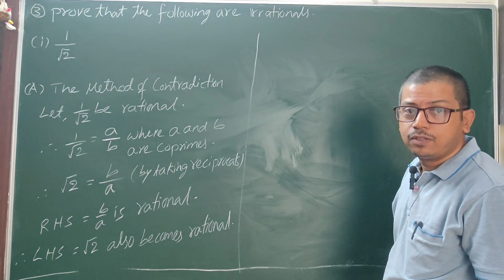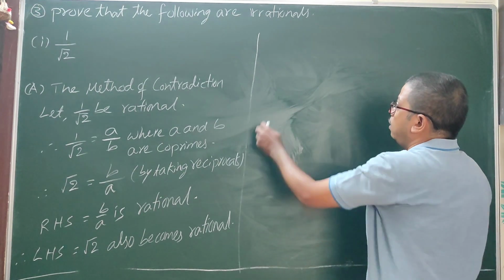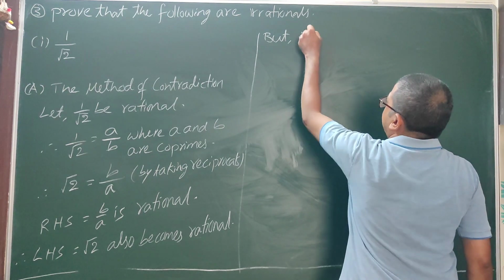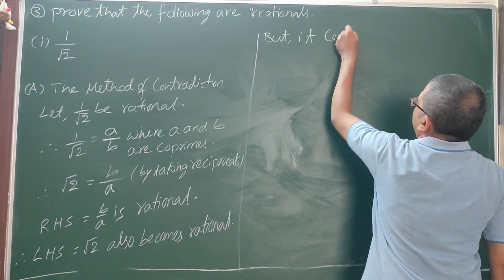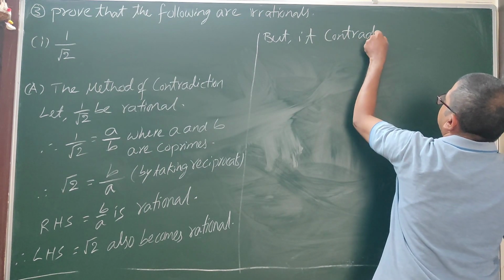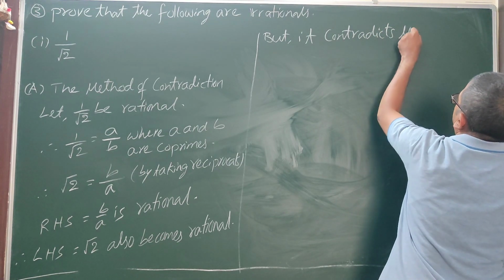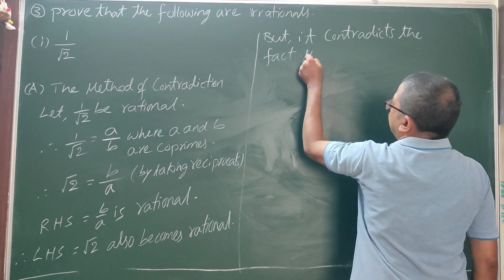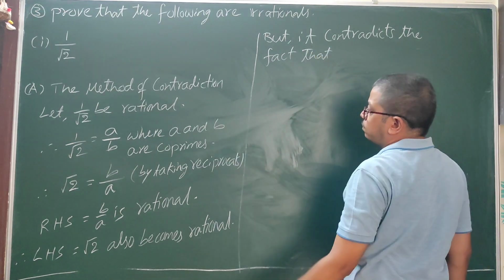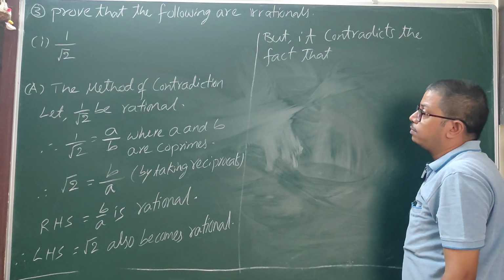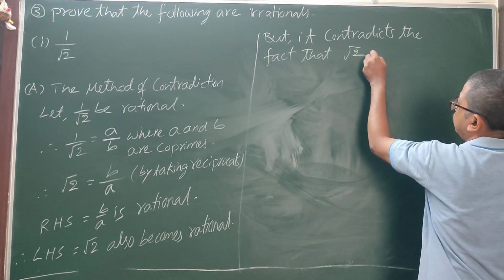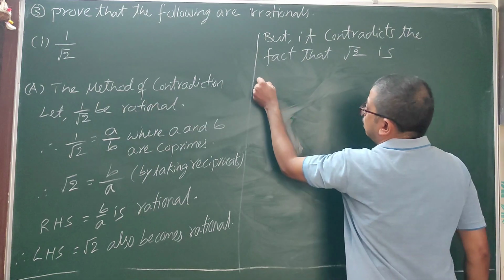It has to become rational, but it contradicts the fact that root 2 is irrational.